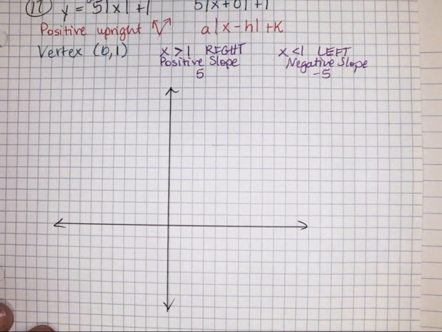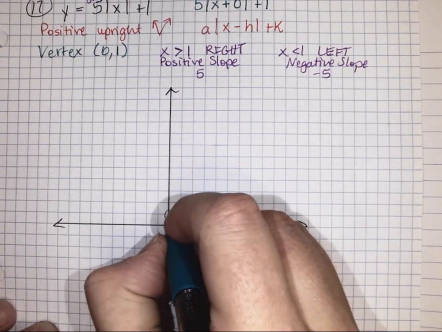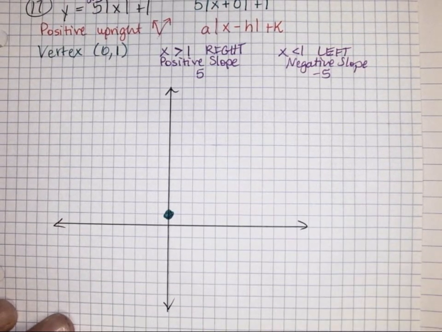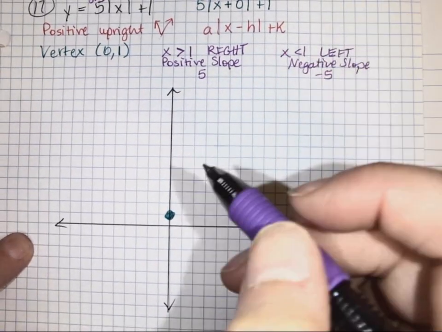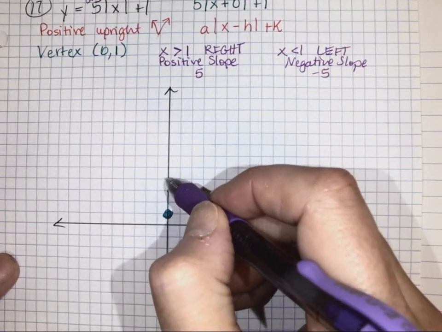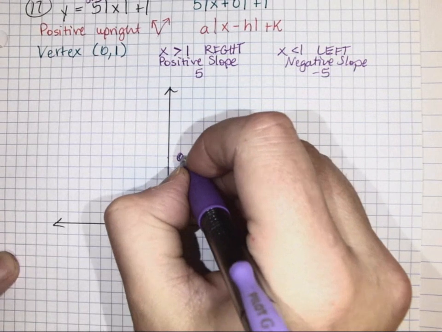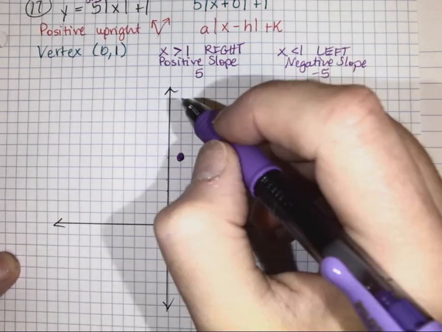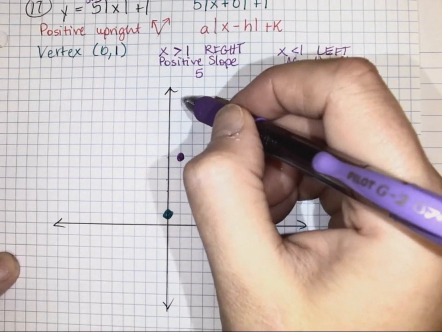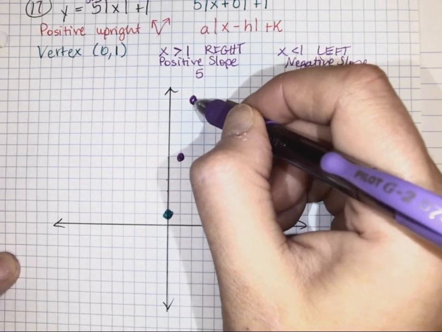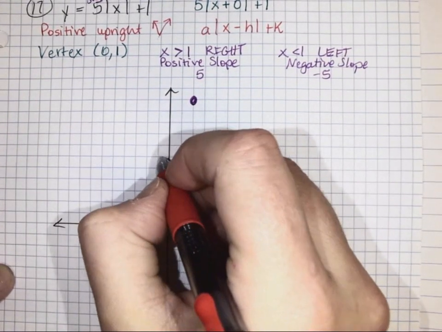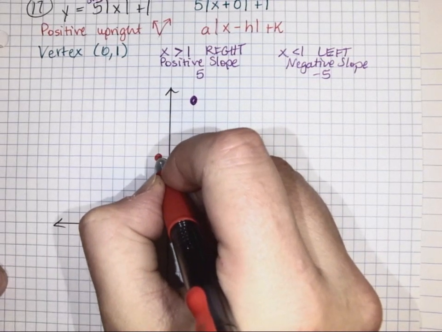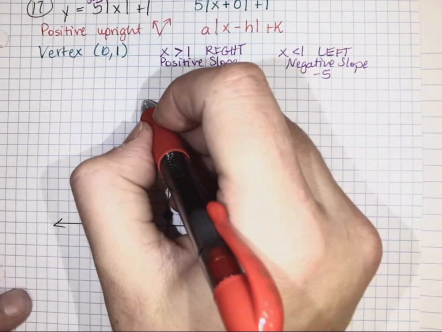Okay, so let's plot our vertex point of (0, 1). And I'm going to use the slope of 5 to go to the right. So we're going to go up 1, 2, 3, 4, 5, to the right 1. We can do it one more time if you wanted to. It doesn't matter. 1, 2, 3, 4, 5, to the right 1. And you do that on the left side except for the opposite direction. Notice that absolute value graphs, of course, are symmetric.